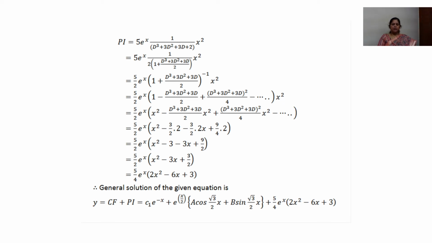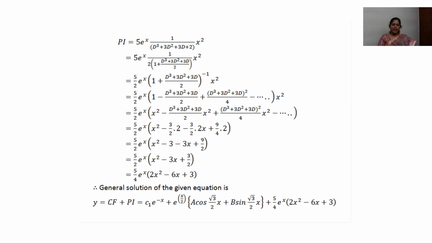Then the third term, we have to consider D square. If you go for D cube plus 3D square plus 3D whole square, we will get D to the power 6 term, D to the power 4 term and D to the power 2 term. So we have to consider only the 3D whole square by 4 terms. So first, with 1, x square is multiplying, means we will get x square.